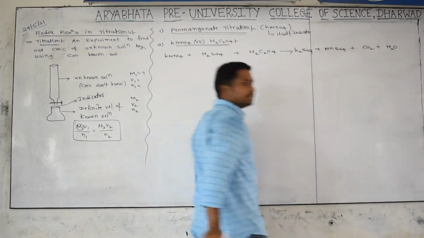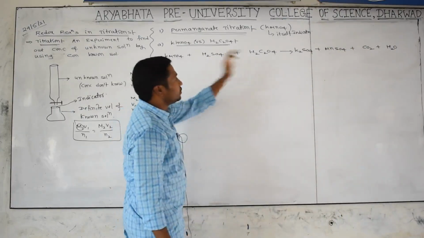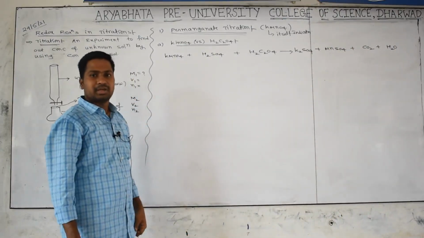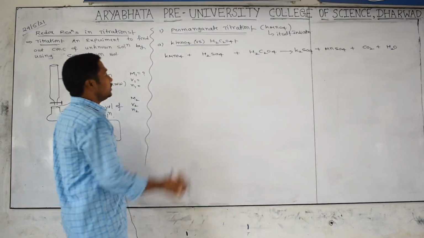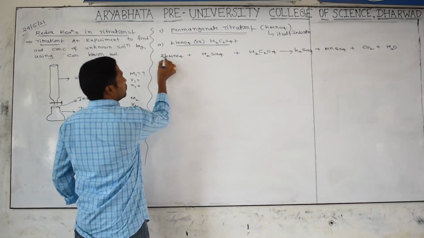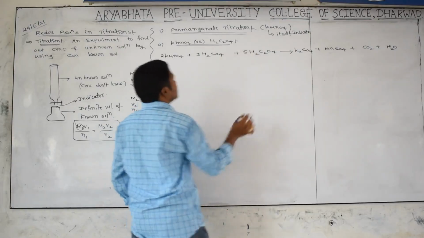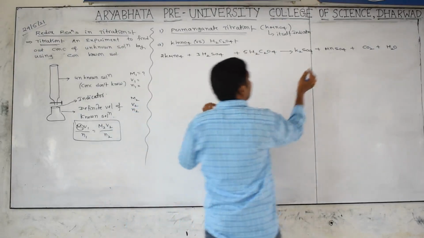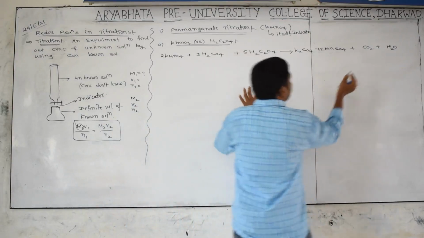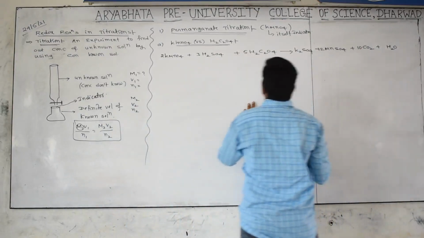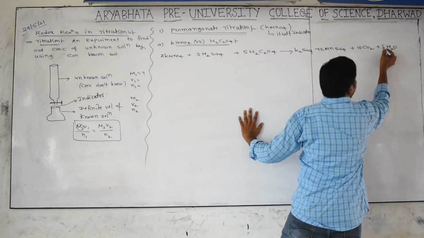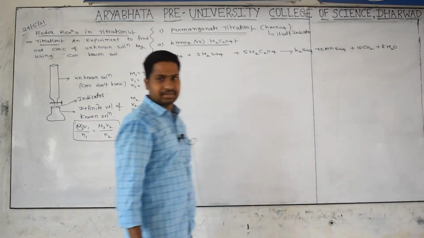Between these two we do the experiment, and that is a redox reaction. First you balance this equation with 2, 3 and 5 moles: K2SO4 and 2MnSO4, and you get 10 CO2 and 8H2O. Automatically everything will be balanced.